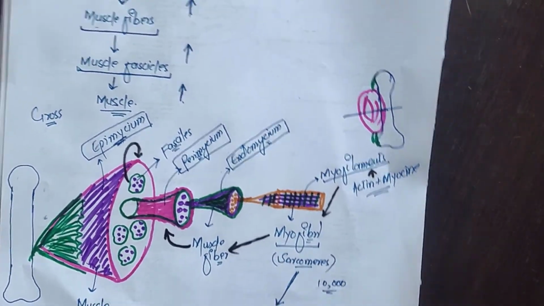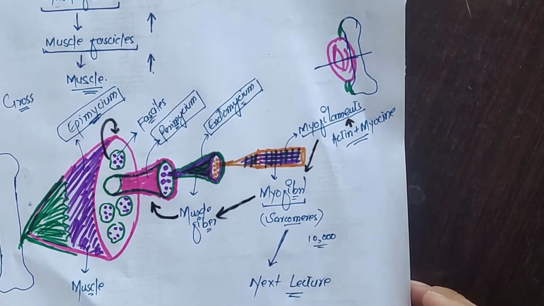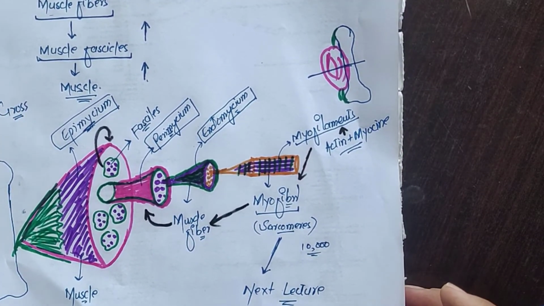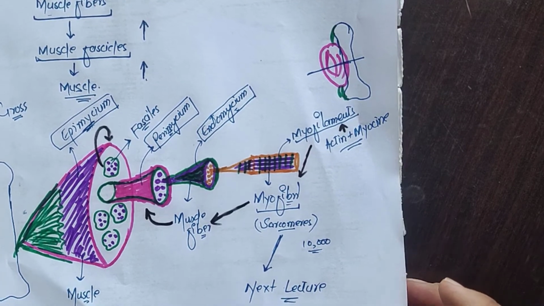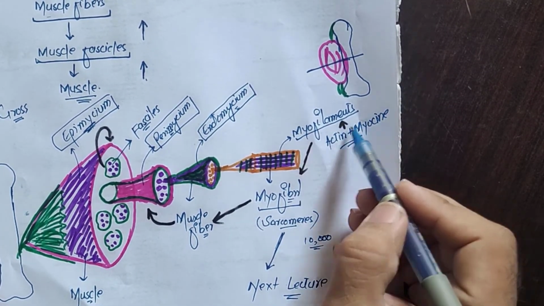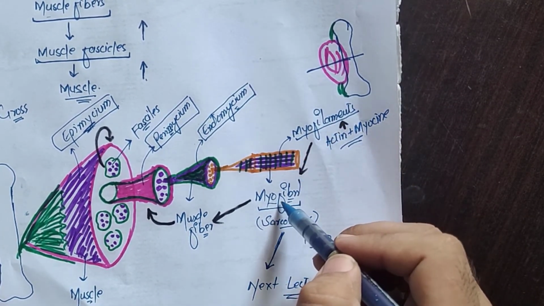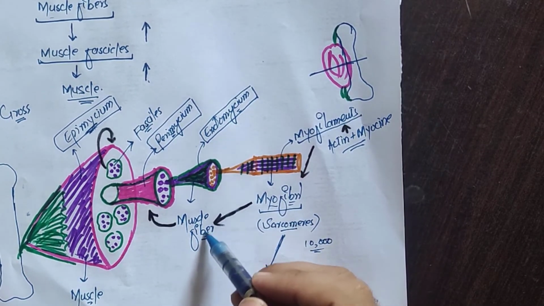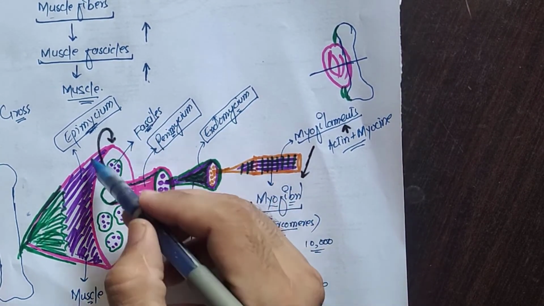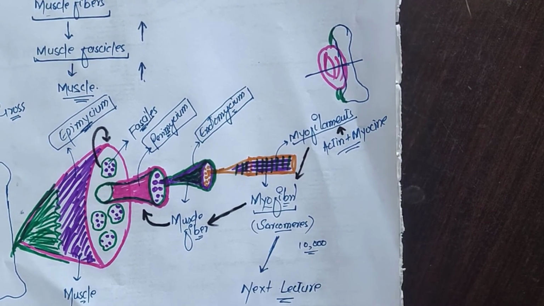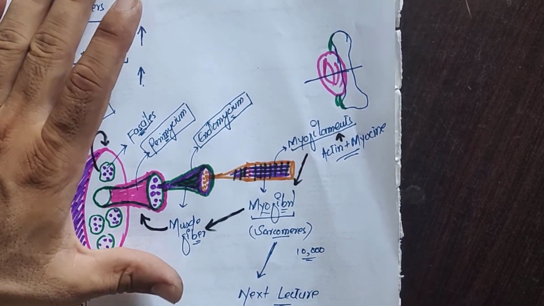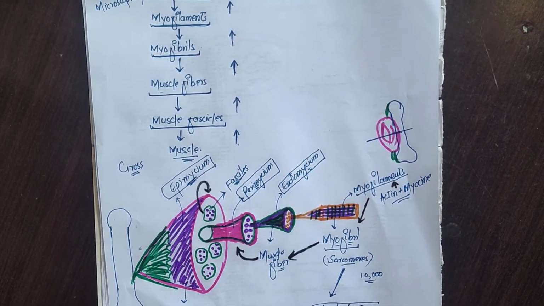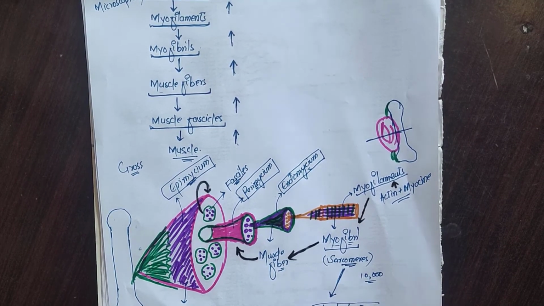So friends, this was a very brief look at the structure of the skeletal muscle. I hope you understood this. So actin and myosin myofilaments will make myofibrils, which will make muscle fibers, which will make fascicles, and fascicles will make the skeletal muscle, right? So for the structure, the next lecture will be about the sarcomere.